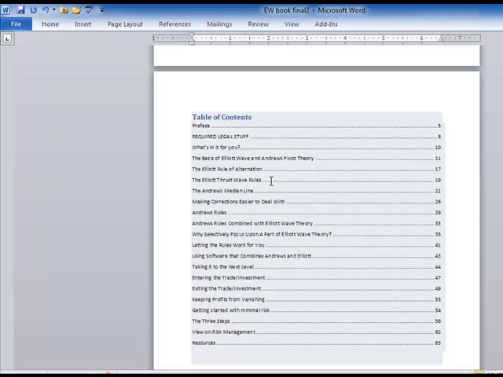The complete understanding of Elliott wave is just too complicated to cover in a small book. Then we take a look at Andrews, and rather than look at all of Andrews' techniques, which are really only covered in the Advanced Andrews course, we take a very small portion of the Andrews techniques and look at those, and then we show how it's combined.